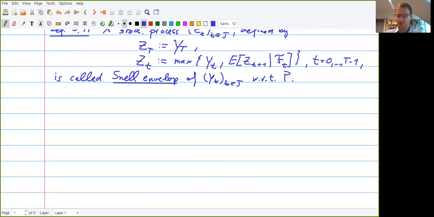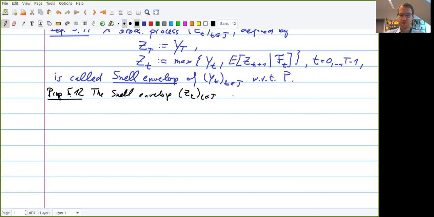This is what we do in the next proposition, Proposition 5.12.